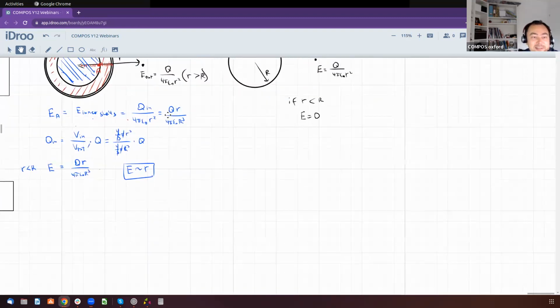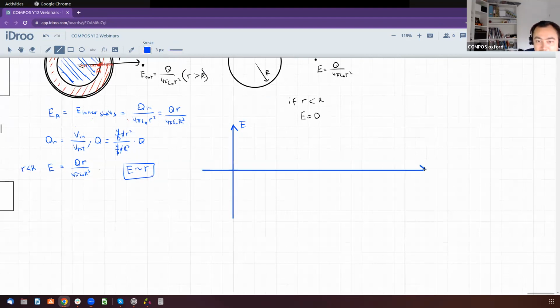Well, yeah, that's fairly straightforward now, because you have the electric field and this is R. So this is the radius of the sphere. You start here, then you go up.